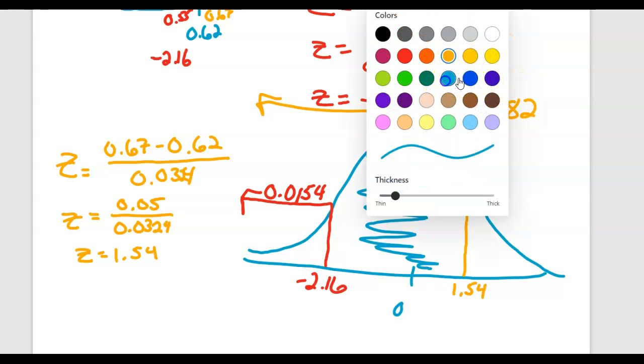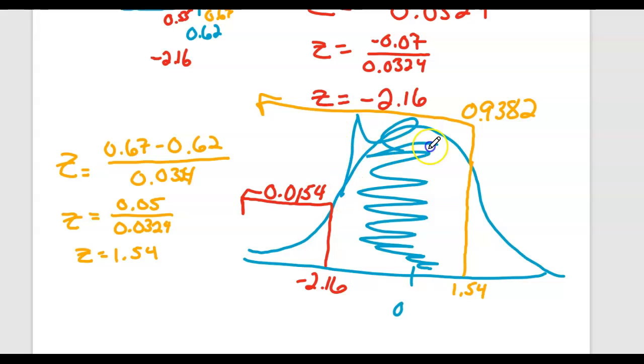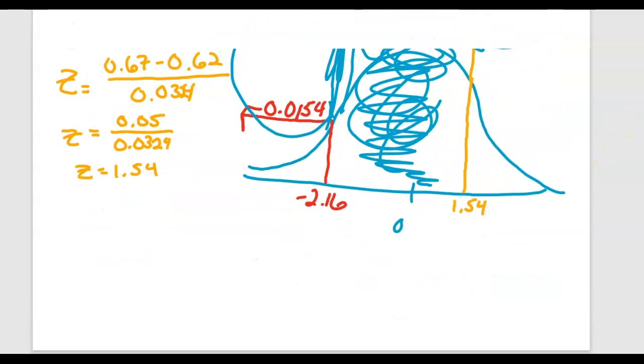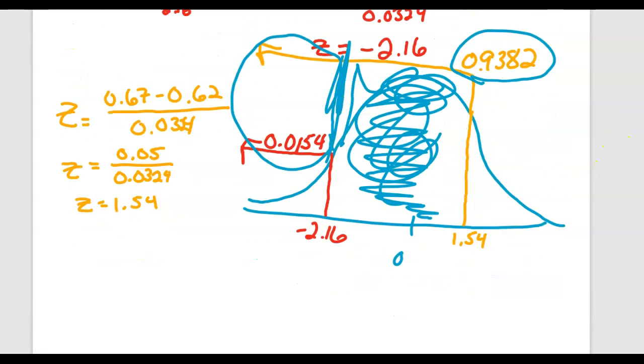Here's the issue. I just want this part. So what I'm going to do is take this number and subtract out this number because I want to cut it off here. Okay? So anytime I want a between type of situation, I'm going to take this one that's on the right, I'm going to look it up, and then I'm going to subtract, after I have looked it up, the probability that's on the left.